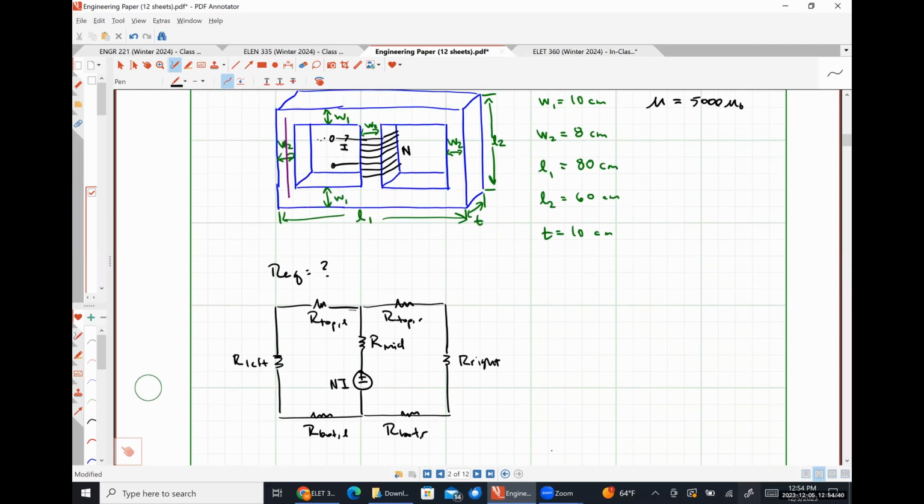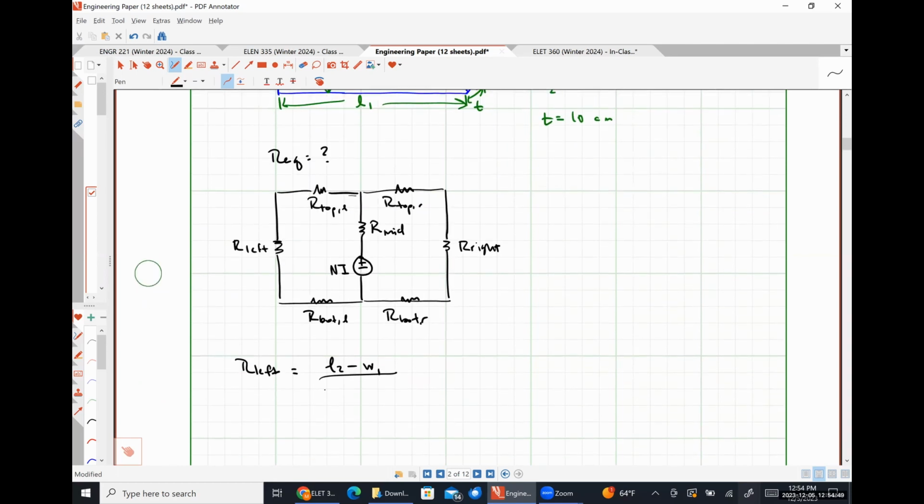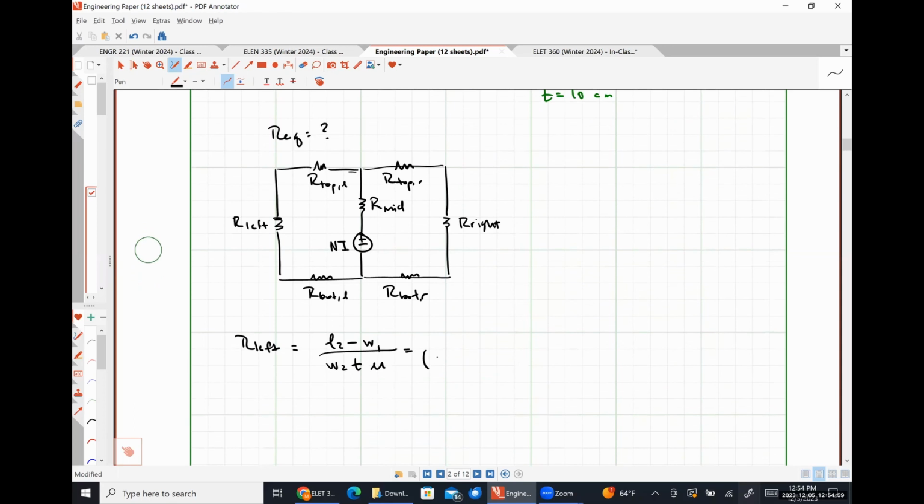What's our cross-sectional area? W2 times our thickness, and then we'll multiply by mu. So W2 was 8 centimeters, thickness 10 centimeters, 5,000, 4 pi times 10 to the minus 9 henries per centimeter.